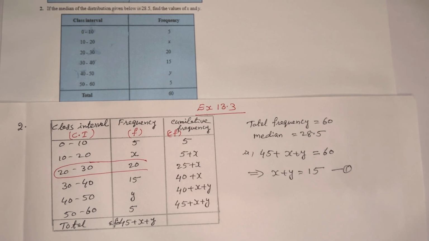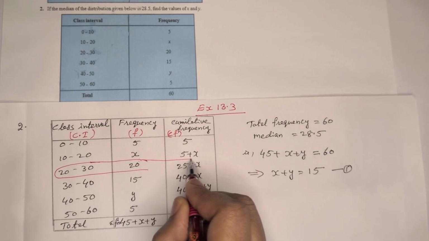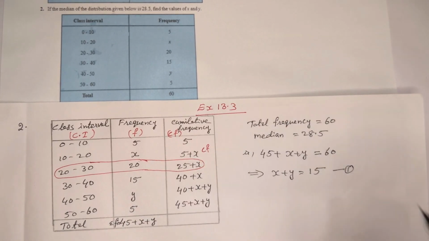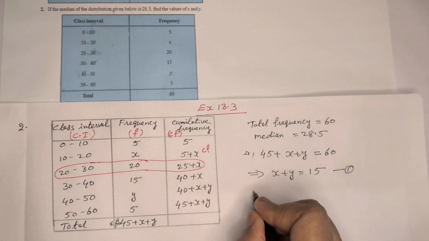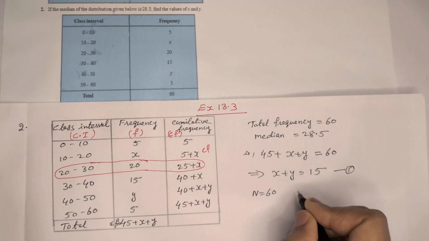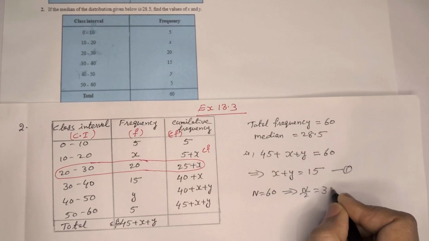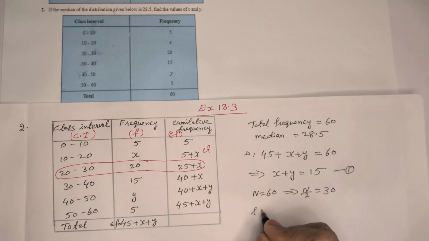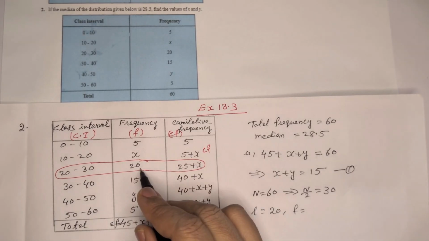When we are taking the median class, just circle it, and this is the cumulative frequency. Here total frequency is 60, that means n is equal to 60, which implies n by 2 is equal to 30, and L is equal to 20, F is equal to 20.